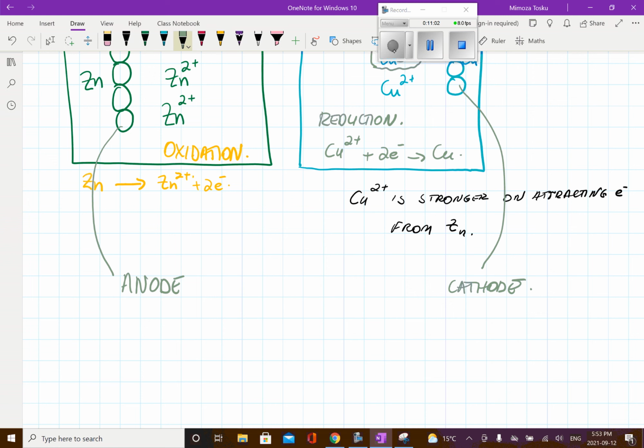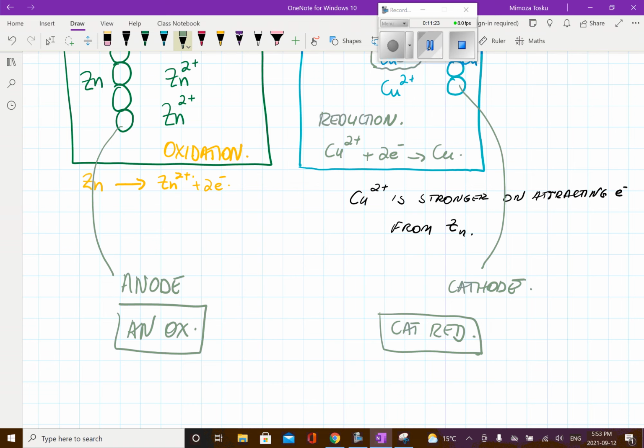One way to remember is "red cat, an ox": cathode is reduction, and anode is oxidation. Anode is where the oxidation is happening, and cathode is where the reduction is happening.